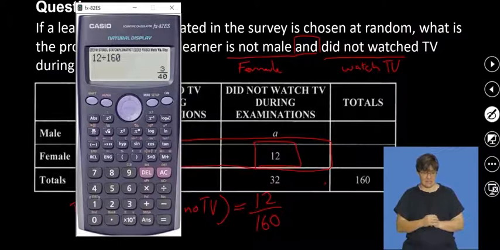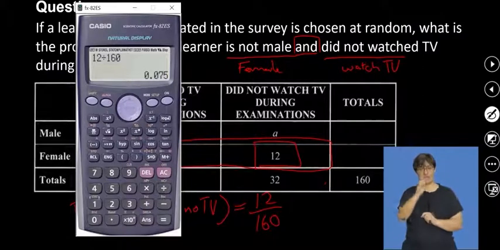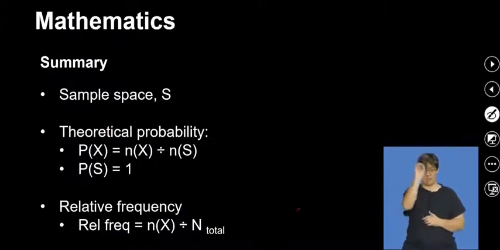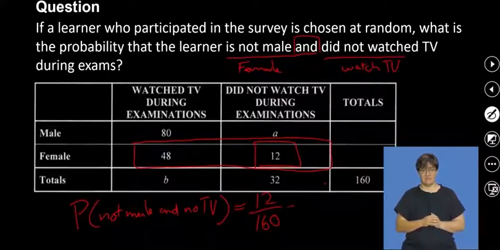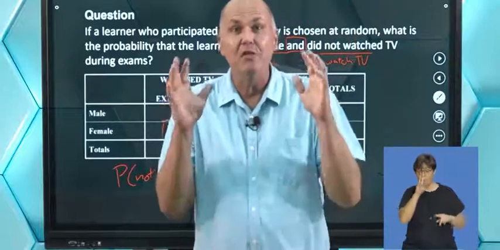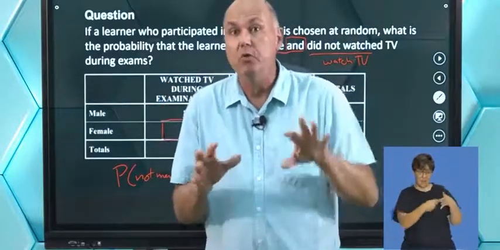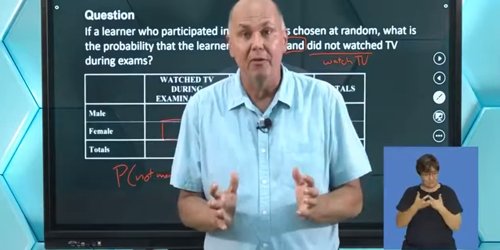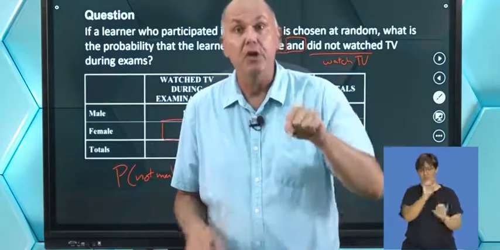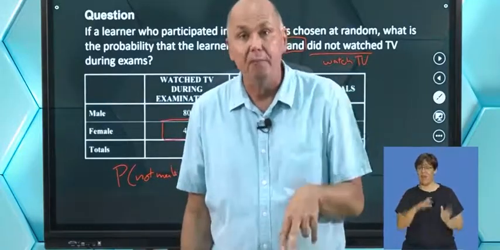We'll get a decimal, 0.075. That gives us 7.5%. Good. I hope you can see how using the table and using our rules can help us confirm our answers. I hope you can go and do this using the complement as well.